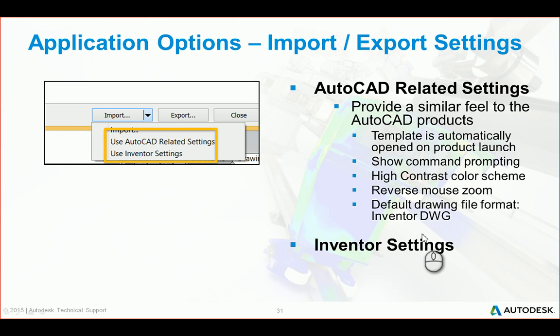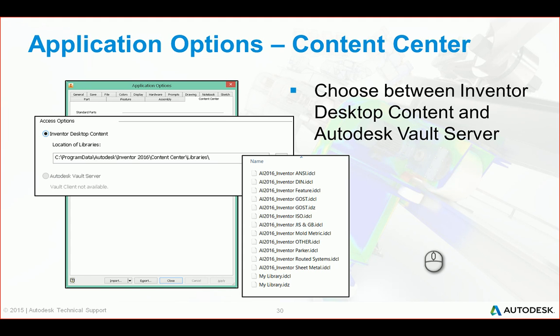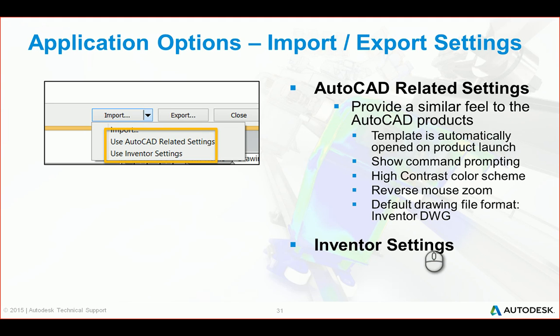Okay, you'll notice that in the bottom you've got the import, export, and close. Well, this will allow us to import standard settings. So if things have gotten messed up, you can go back and restore these. The AutoCAD related settings turn Inventor closer to the way you may see it in AutoCAD.